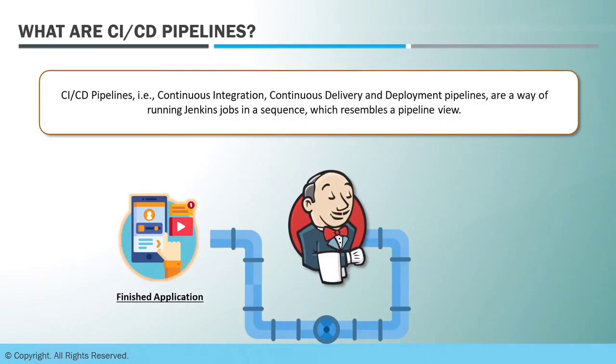CI stands for continuous integration and CD stands for continuous delivery and deployment. Continuous integration, continuous delivery and deployment pipelines are a way of running Jenkins jobs in a sequence which resembles a pipeline view.